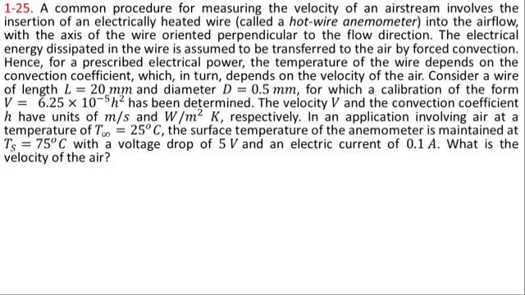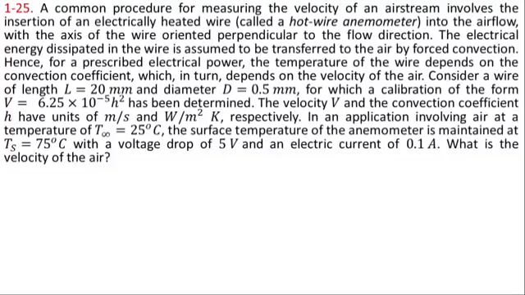In this problem, we have hot wire anemometer which is used to measure the velocity of the air. The anemometer is heated utilizing electrical resistance heating by applying voltage of 5 volt and current of 0.1 ampere. The length of the anemometer is 20 millimeter and the diameter is 0.5 millimeter.